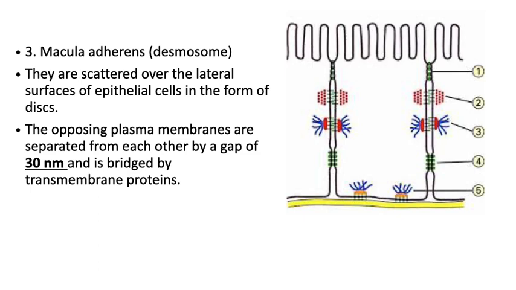So this gap is slightly more, and this is bridged by transmembrane proteins. There is something known as hemidesmosomes, that is half desmosome, and they are found here on the basal surface. So, macula adherens means desmosome. Desmosome, full desmosome, if you can see, they are near the adjacent cells, and hemidesmosome is half, which lies at the basal surface.